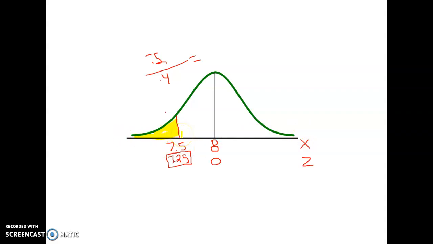So we just take that 0.8944 and we subtract it from 1. If you do that, you get 0.1056. Let me just do that here for you so you have it. If we take 1 and we minus 0.8944, you should get 0.1056. Okay? And that corresponds to this area here.